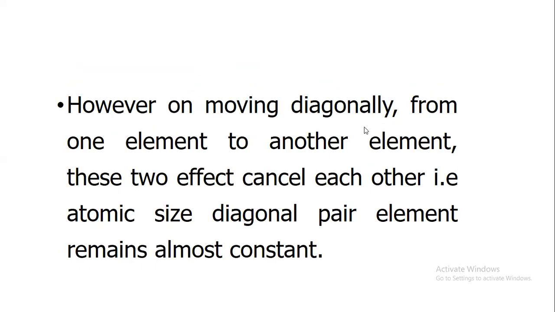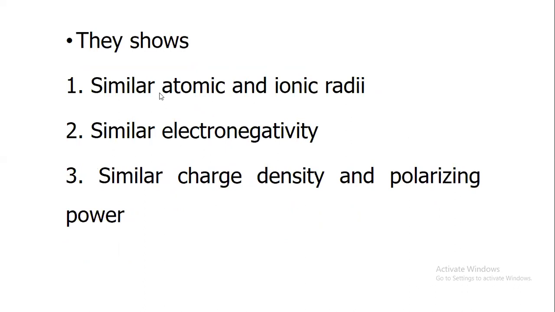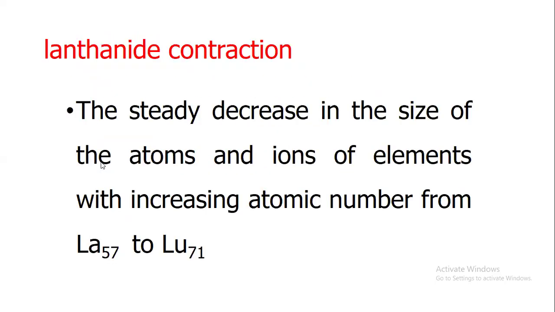However, on moving diagonally from one element to another, these two effects cancel each other, and the atomic size of the diagonal pair of elements remains almost constant. They show similar atomic and ionic radius, similar electronegativity, similar charge density, and polarizing power.